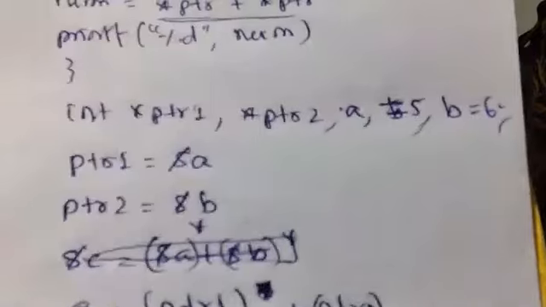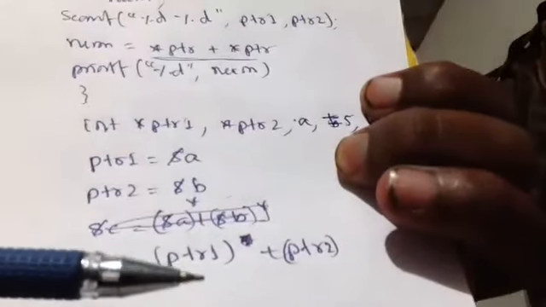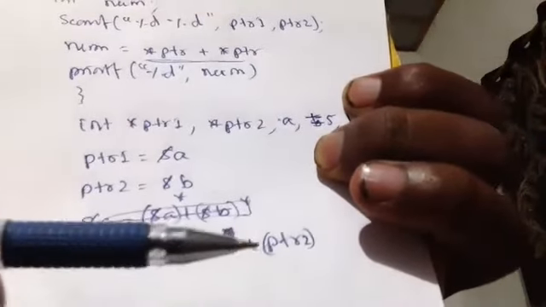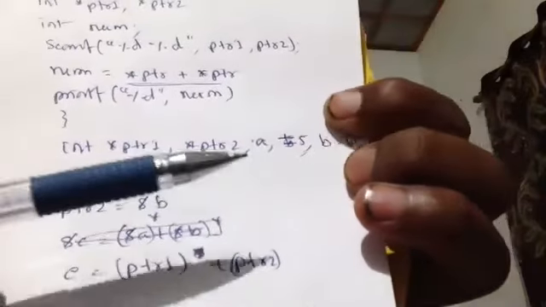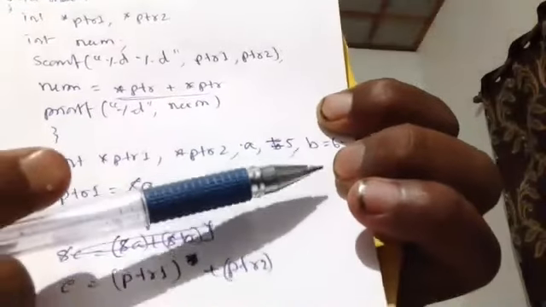Now what am I doing? I am adding only the address of A and the address of B. But we want the summation of 5 and 6.